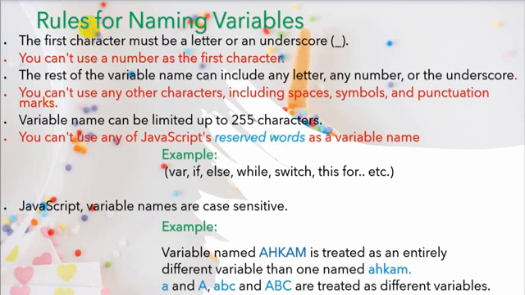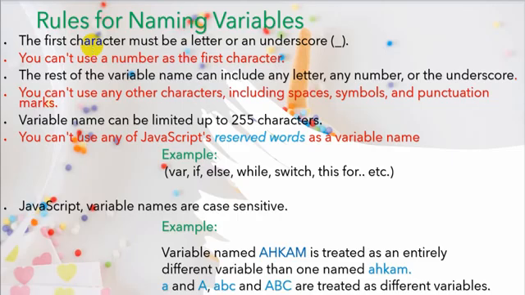See the first rule, not actually the first rule, these are a set of rules and regulations. You can read as per your need, there is no sequence. So the rule of naming a variable: if you are going to declare a variable, the variable must have a name. It is as simple as that.